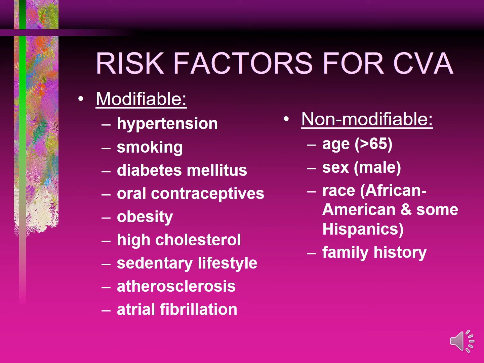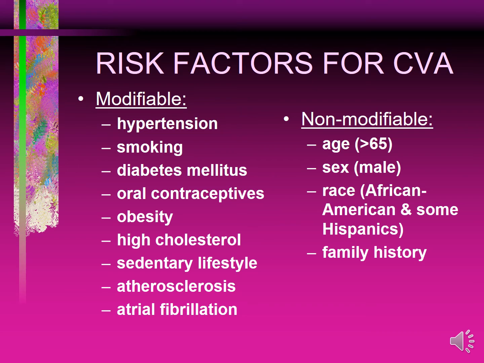Now this risk factor list should look very, very similar to another risk factor list. These risk factors should be very familiar to you from your discussion about coronary artery disease. And we also discussed peripheral vascular disease.